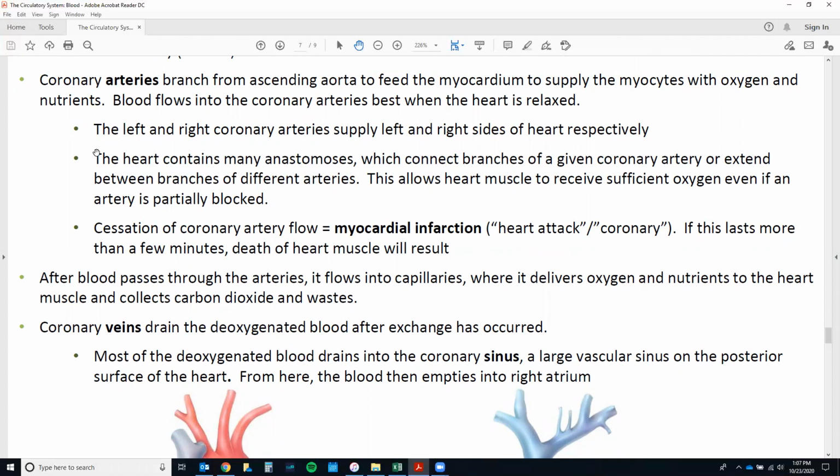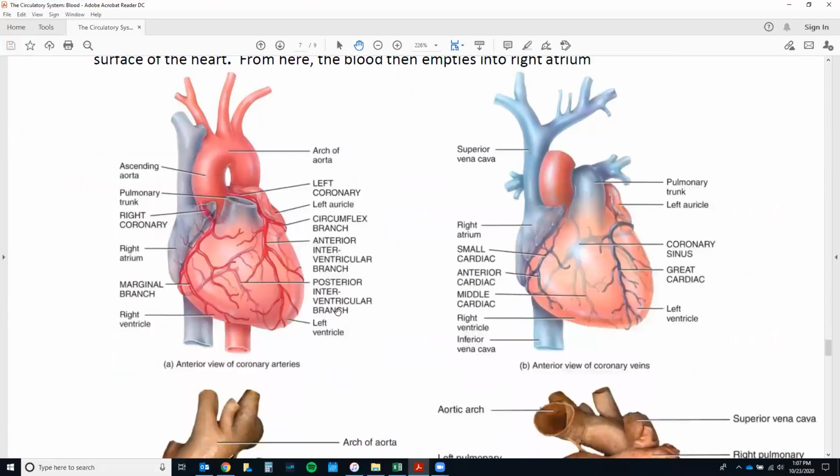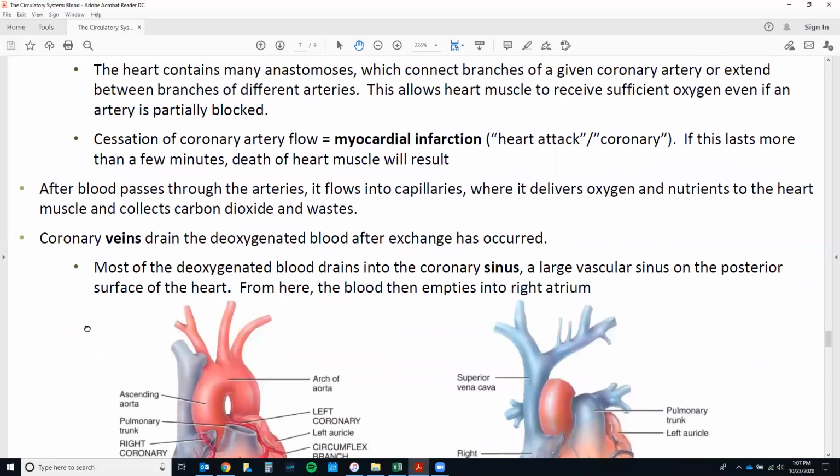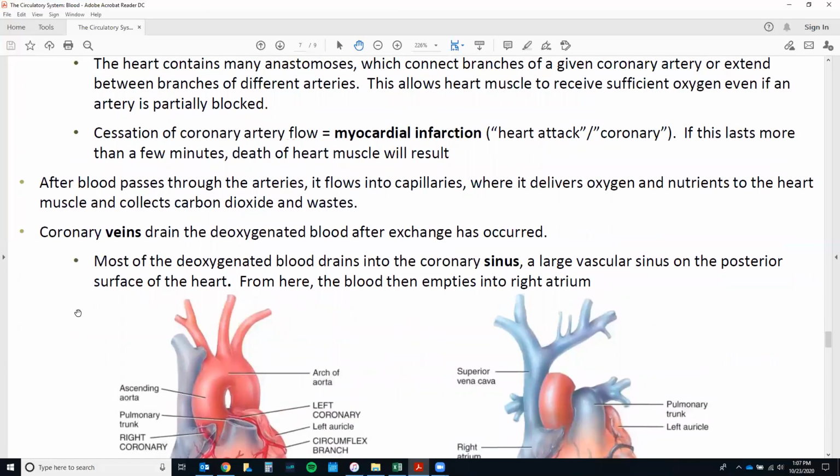Our heart also contains many anastomoses, which connect branches of a given coronary artery or extend between branches of different arteries, which enables our heart muscle to receive sufficient oxygen even if an artery is partially blocked. So basically, they connect between two different arteries, to hopefully always ensure that our heart is receiving the blood flow that it needs.